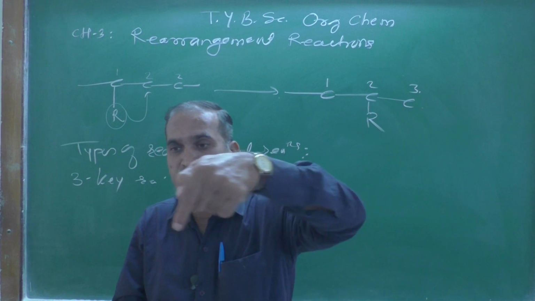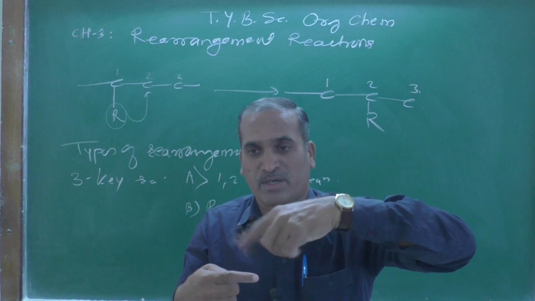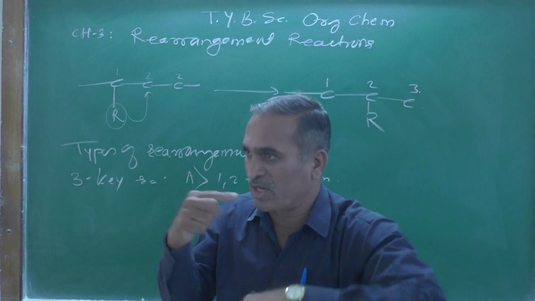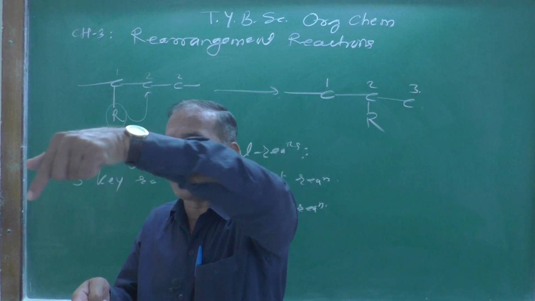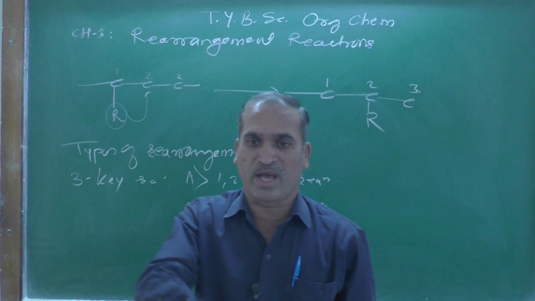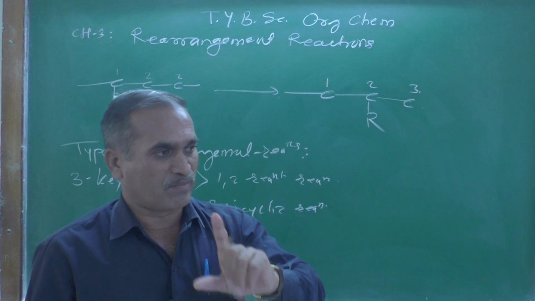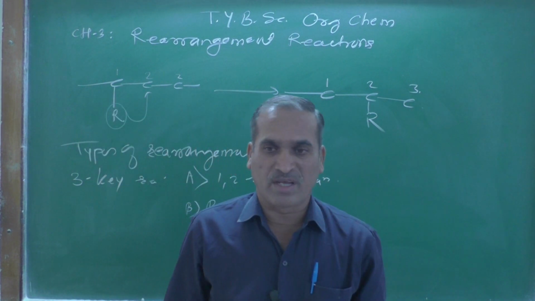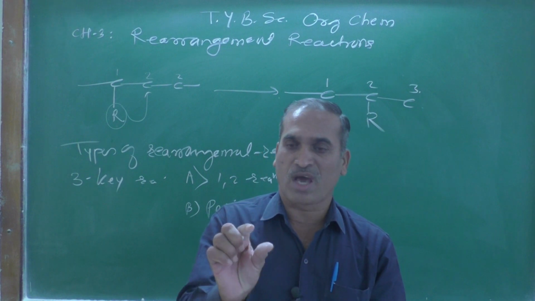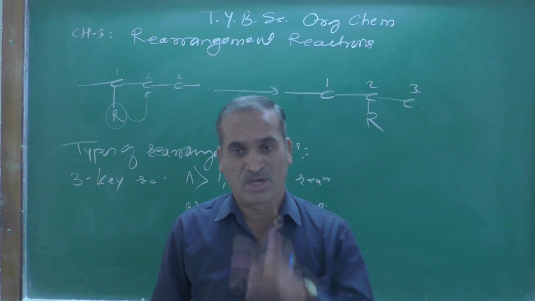The carbon-carbon double bonds or single bonds alternately break in a cyclic manner, and we get the formation of the product. Pericyclic reactions are concerted reactions.